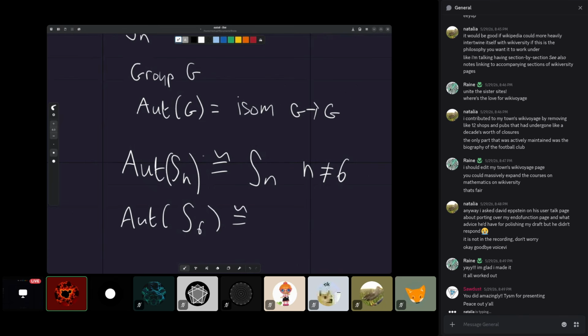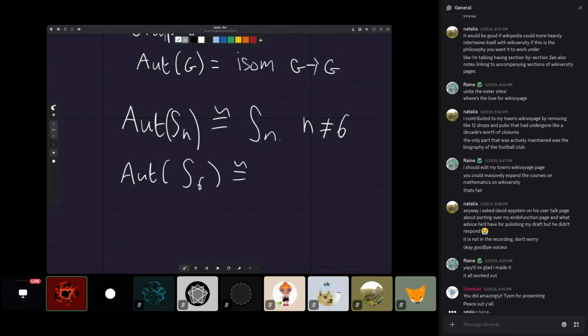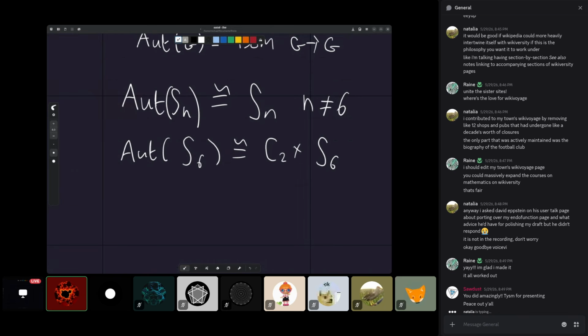And you end up with a group twice as big. I think it's just C2 times S6. I think someone correct me if that's wrong. It's definitely this order, and possibly this is a semi-direct product rather than a direct product. I think it's a direct product.